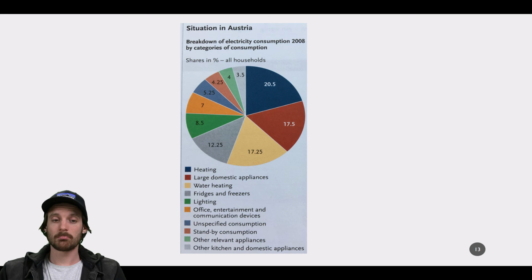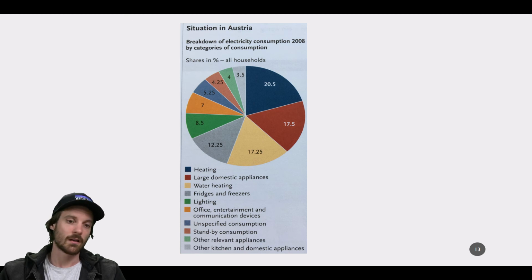So just start: the biggest category of consumption in 2008 was the heating, compared to the heating system or the heating. Other kitchen and domestic appliances make up only a small amount or small percentage of those categories of consumption.